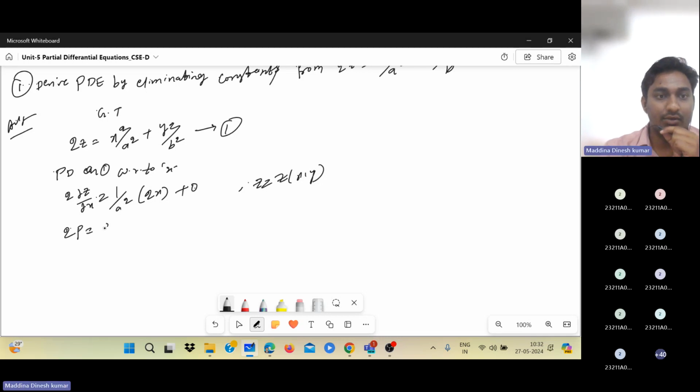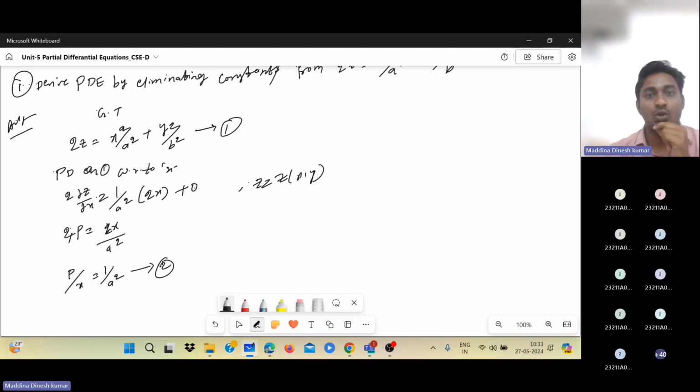Okay. Then you will get 2x by a square, 2 will vanish out, and I am going to transfer this x from the RHS to the left hand side. Then you will get p by x equal to 1 by a square. Consider it as equation number 2.